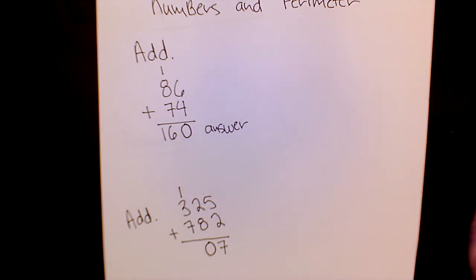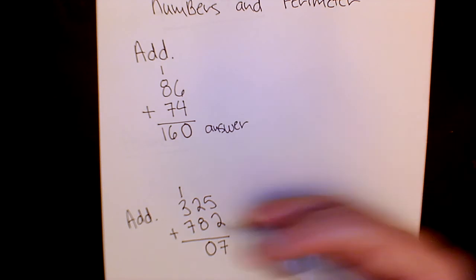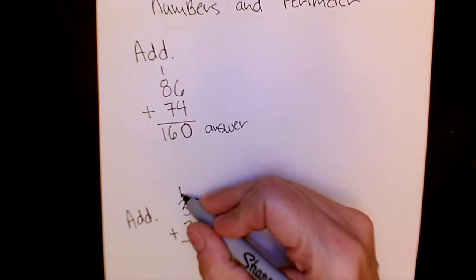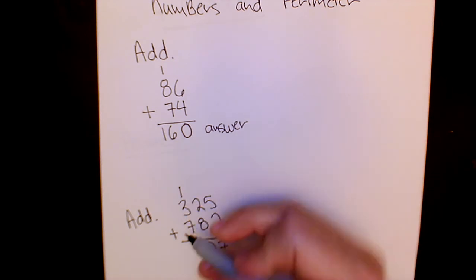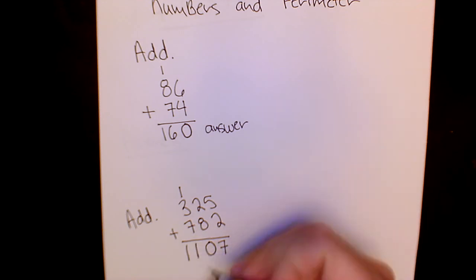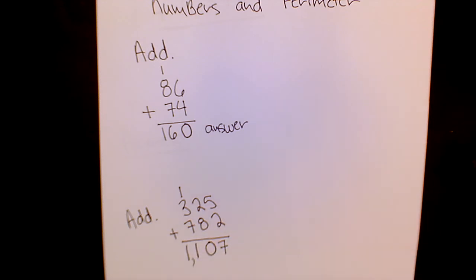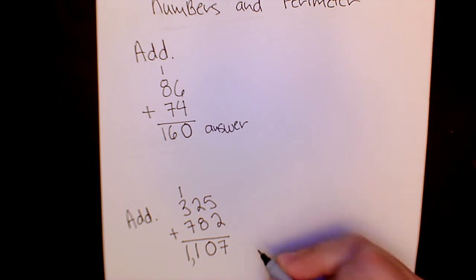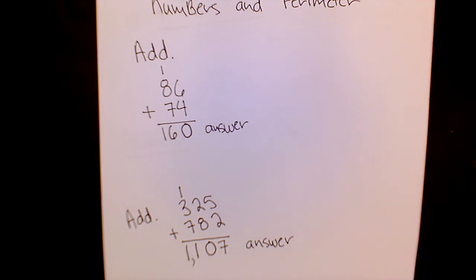Carry the 1. 10 and over we always carry. Then 1 and 3 adding down is 4, and 4 and 7 is 11. And remember, every 3 digits we put a comma. So my answer is 1,107.